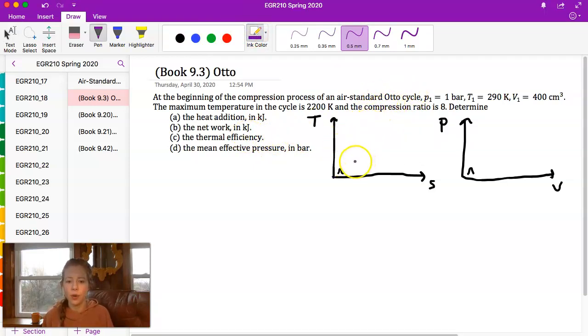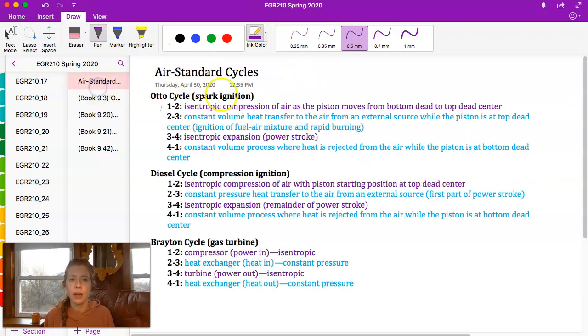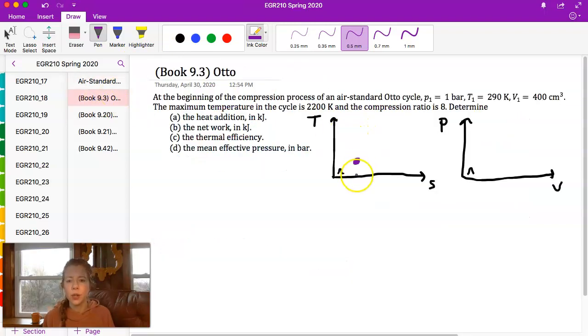So we're going to start at state 1. And if we go back for a sec, we see we have isentropic compression. So with isentropic compression, we're going to get an increase in temperature and entropy is constant. So this would be 1 to 2.